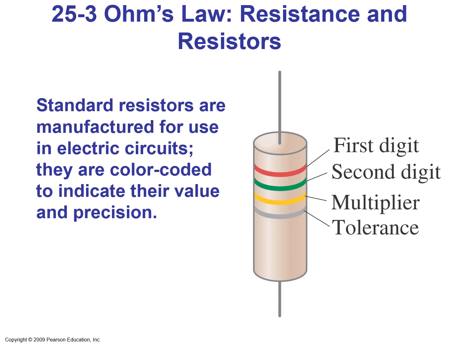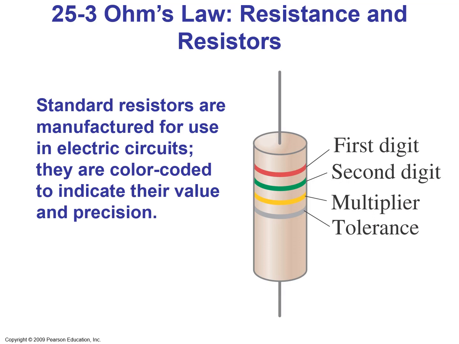Standard resistors are manufactured for use in electric circuits. They are color-coded to indicate their value and precision. Here we have a cartoon showing resistors being color-coded. The first ring of color reads the first digit, for example, here it is red.